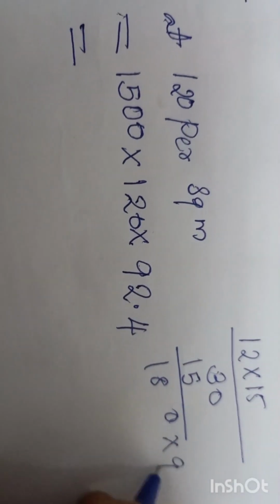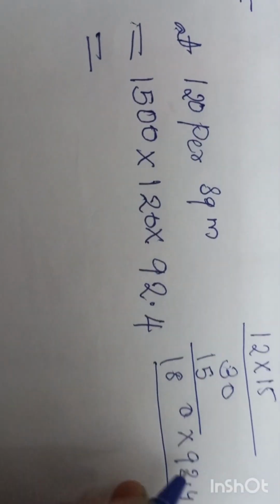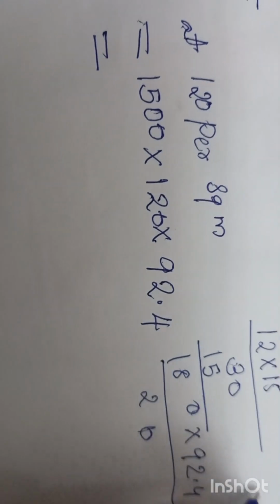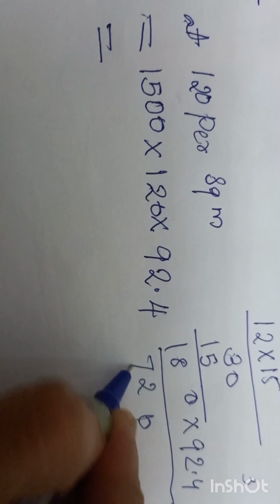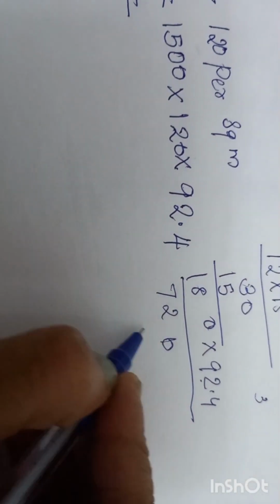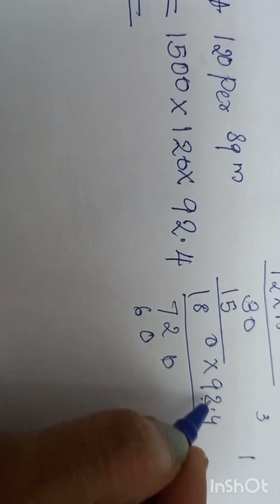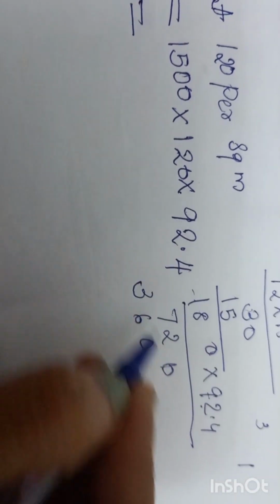Into 92.4. 3 4 ones are 4 plus 3 7. 2 0 2 8s are 60. 2 ones are 2. 2 plus 1 3.